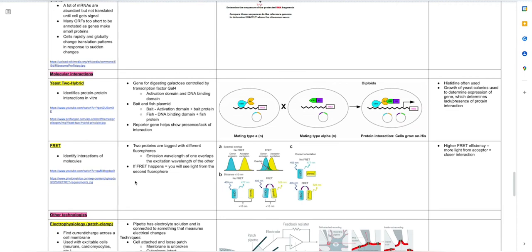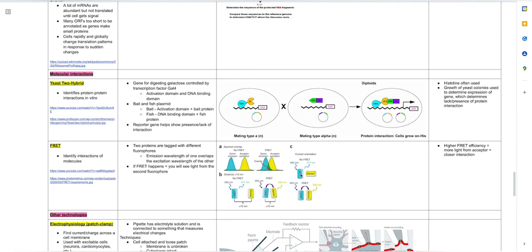You tag two proteins or molecules with fluorophores, which are basically things that emit fluorescence, and they have to be different. There's a specific consideration you have to make: the emission wavelength of one overlaps the excitation wavelength of another. On a graph it looks kind of like this.